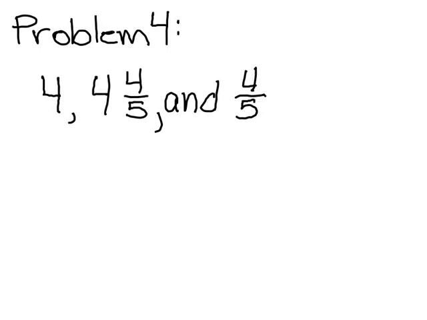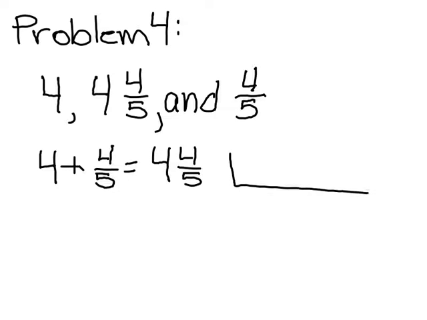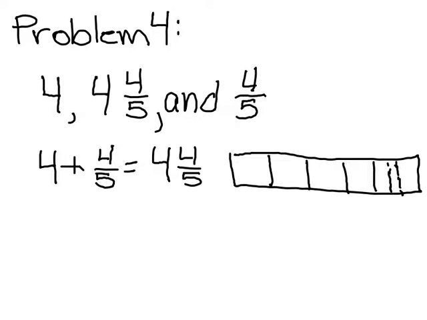The first problem we'll create is 4 plus 4 fifths equals 4 and 4 fifths. We know that if we drew this out, we have 1, 2, 3, 4, and here's our 4 fifths.